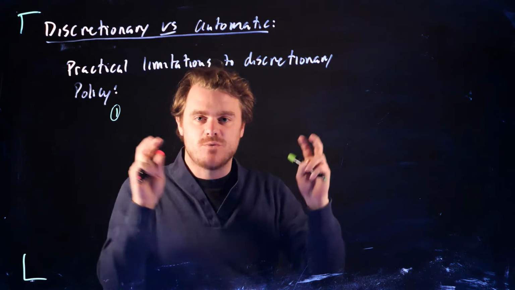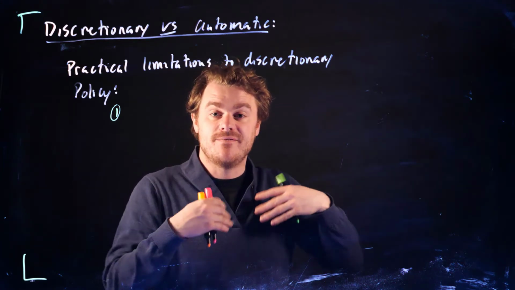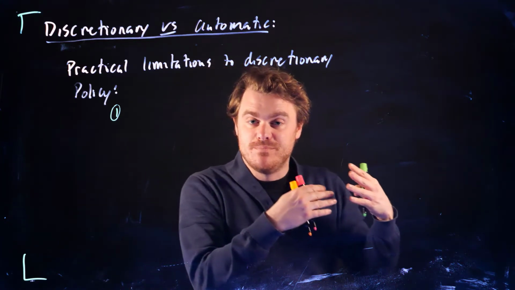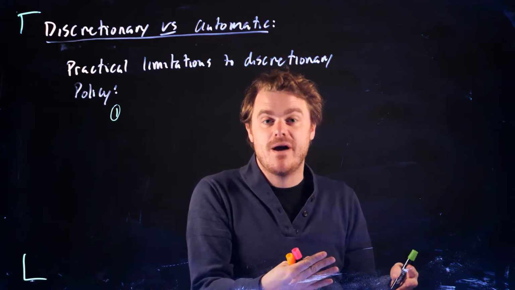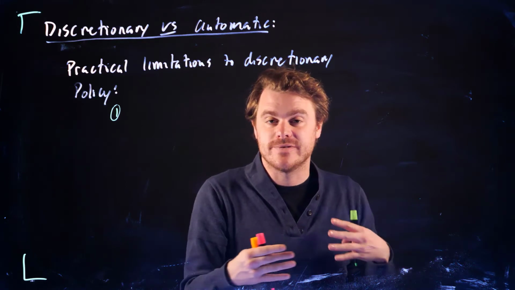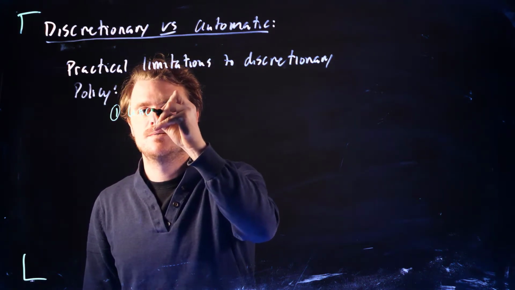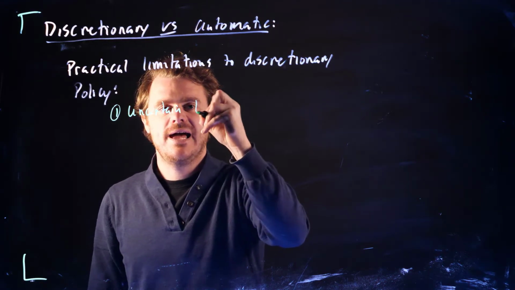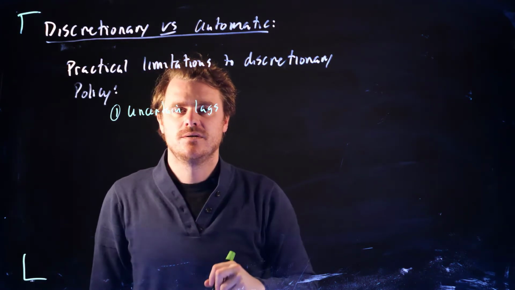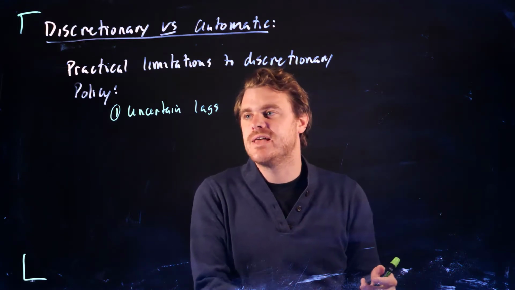Unless you have a bunch of quote-unquote shovel-ready projects, it's going to take a while to vet some of these projects and begin actually spending that money, which is designed to shift the aggregate demand curve in the right way. So there's going to be uncertain lags, both legislative as well as execution lags.